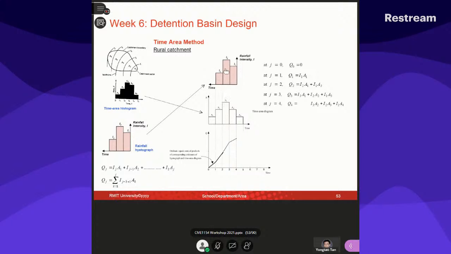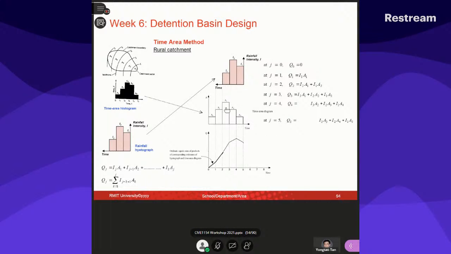So you can see the corresponding rainfall intensity here very clearly: I3, A2, I2, A3, I1, A4. For the next one, there are also three contributing areas, A3, A4, A5. You can see the peak inflow is here at time 4.